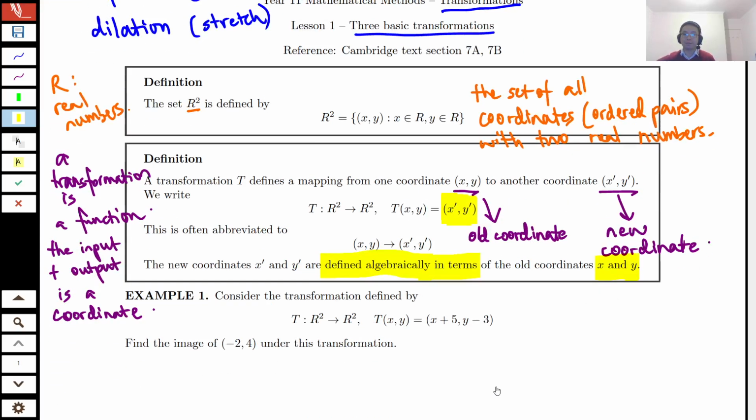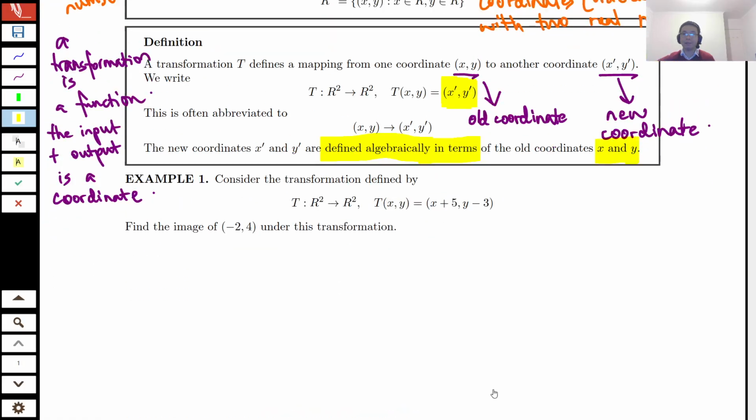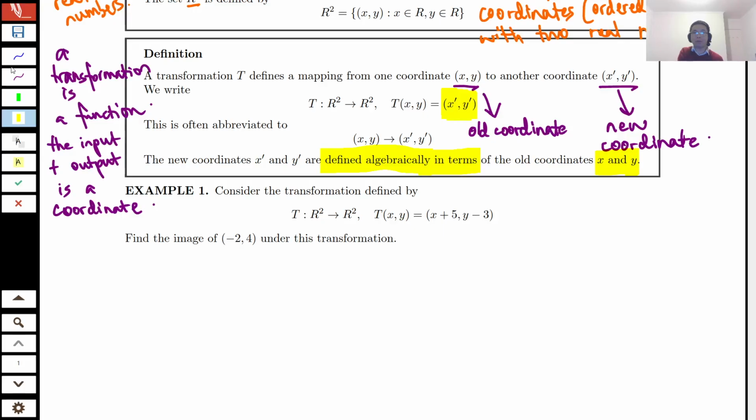So, here's our first example. I've got the transformation T, which maps R squared to R squared. And when the transformation acts on the coordinate (x, y), the output is (x plus 5, y minus 3). So, using our notation, I'm going to say my new x coordinate, x dash, is x plus 5. And my new y coordinate, y dash, is y minus 3.